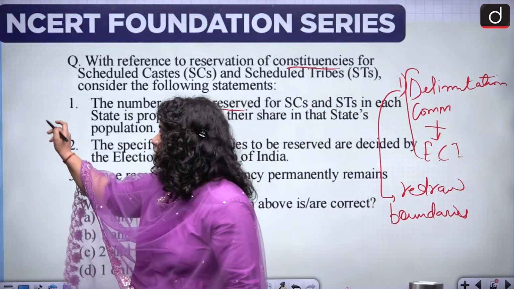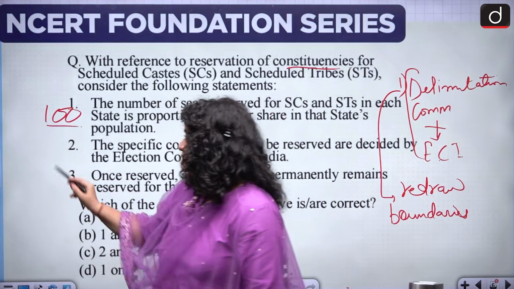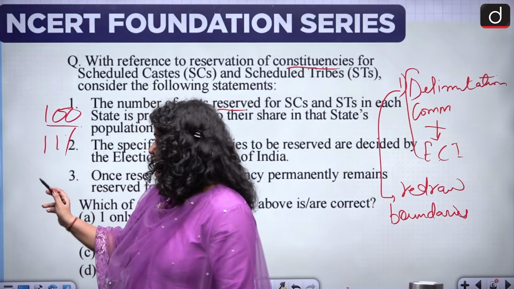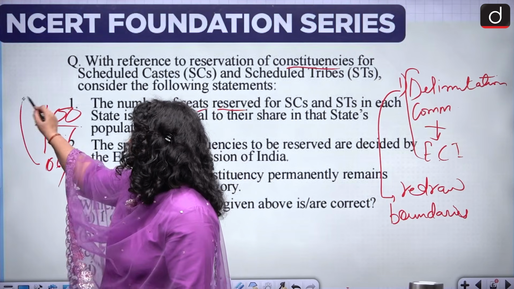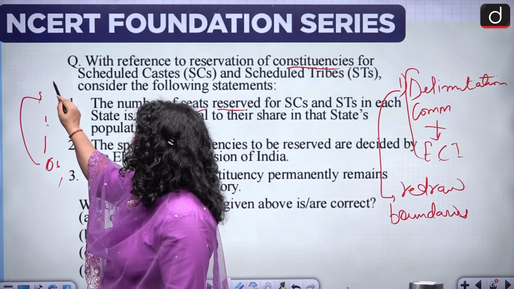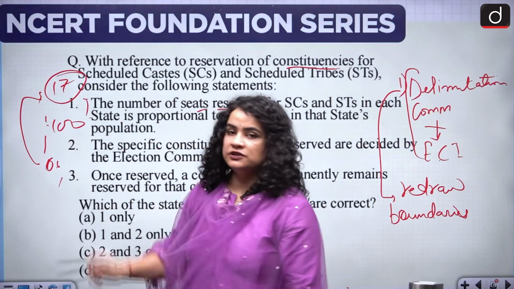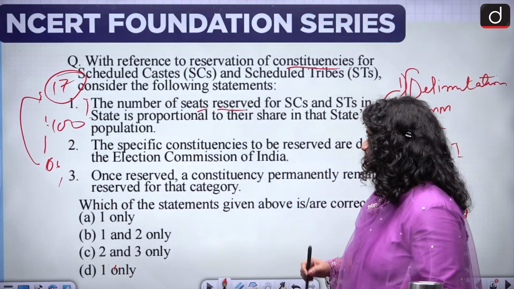For example, if there are a total of 100 seats in that state and SCs are, let's say, 11% and STs are, let's say, 6%, then around 17 seats in this state are going to be reserved by the Delimitation Commission.